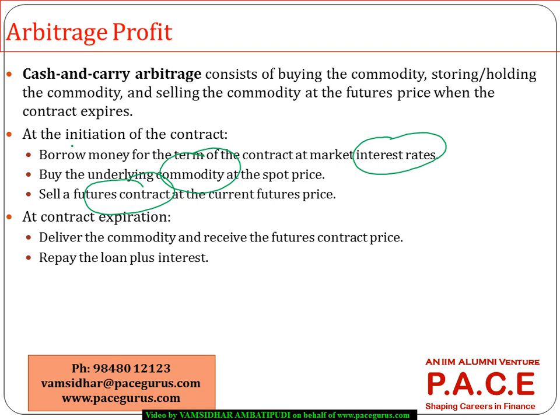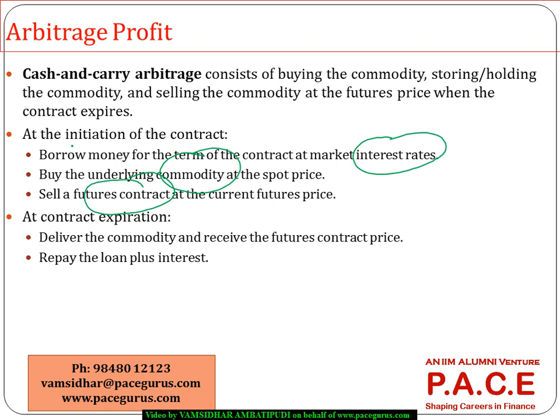I'll sell it off at 110. But the loan I have taken is at 8% interest rate from the bank. So after 1 year I am sure that I will sell it at 110, but I have to pay only 108 to the bank, because the interest rate is only 8%. 2% arbitrage profit I am making in the scenario.